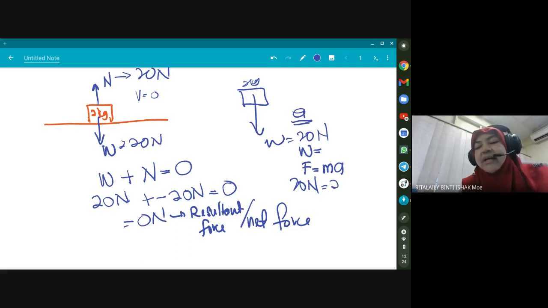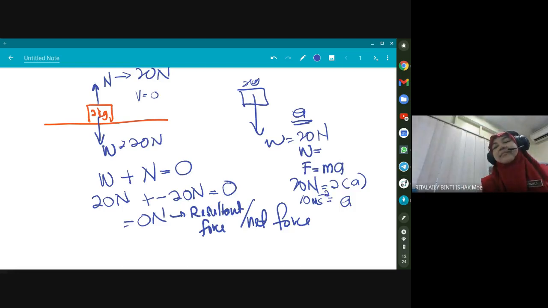The 2 kg mass will fall with an acceleration, and we can calculate the acceleration by using F equals ma. So the acceleration is 10 meter per second per second. Okay, so this is actually recalling our topic, Force and Motion 1.